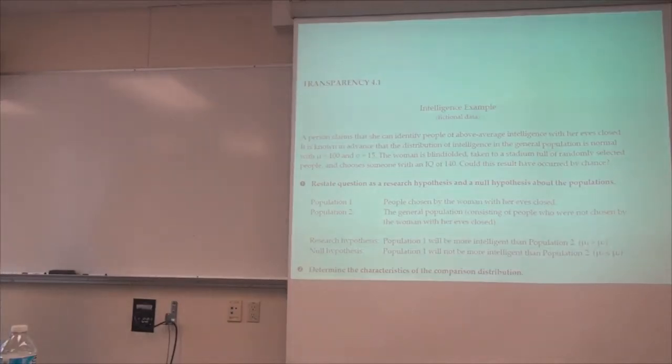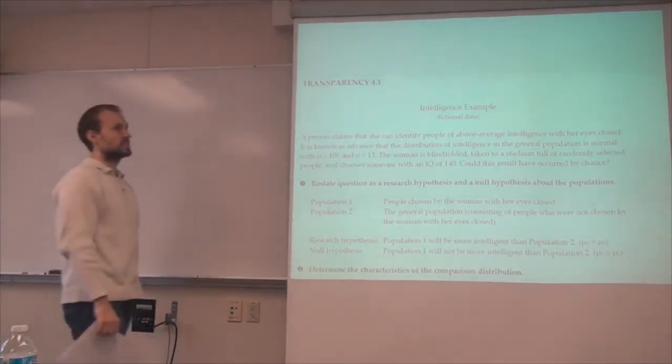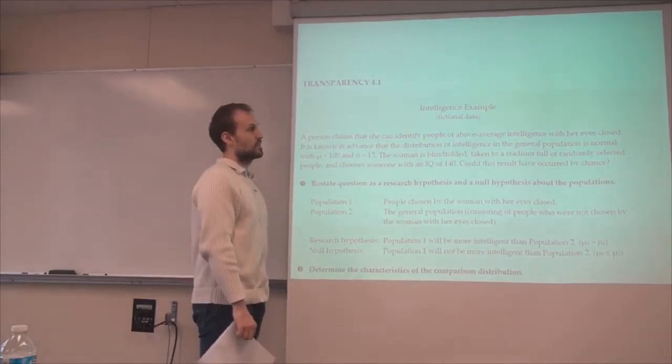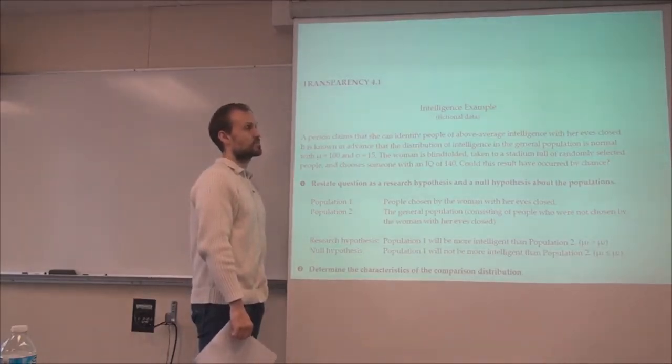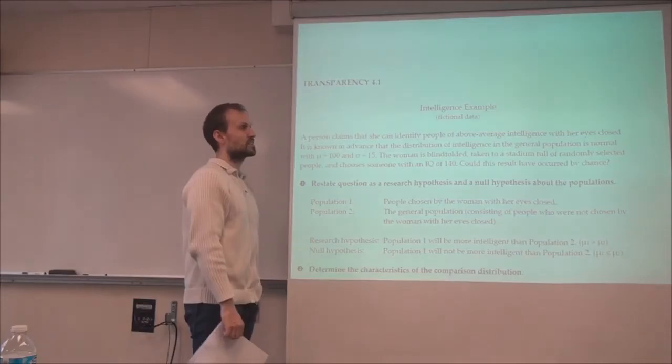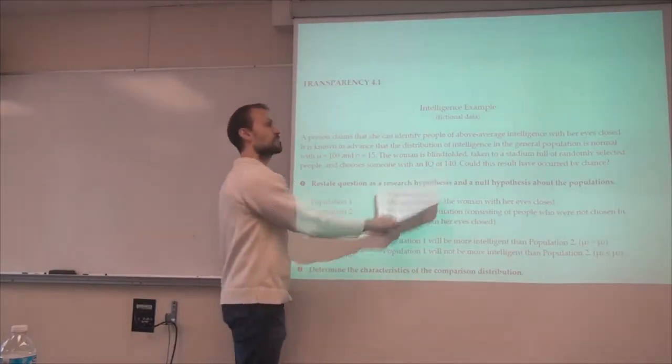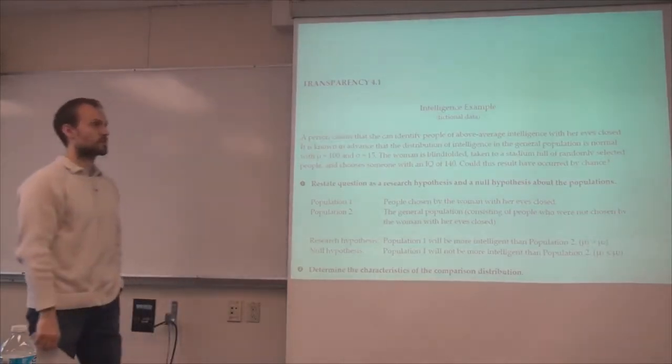So the question then is, did she just stumble onto a person that has that high an IQ? That person is pretty hard to find in the stadium of all people. A very small proportion of people will have that IQ or better.